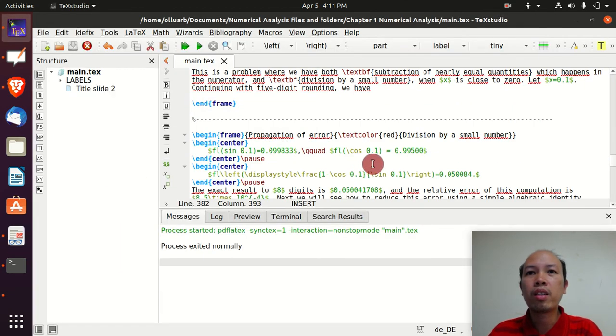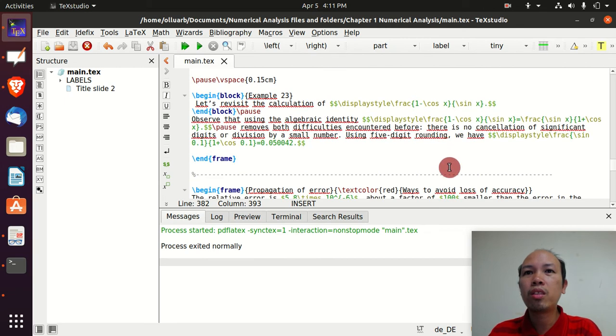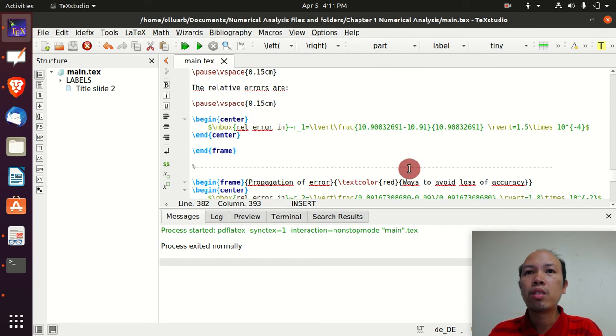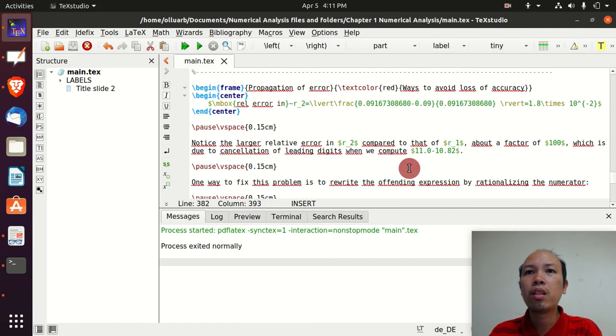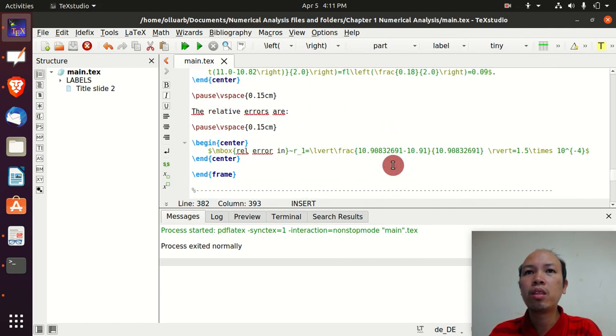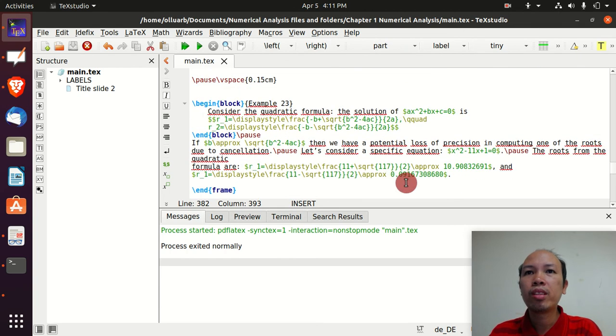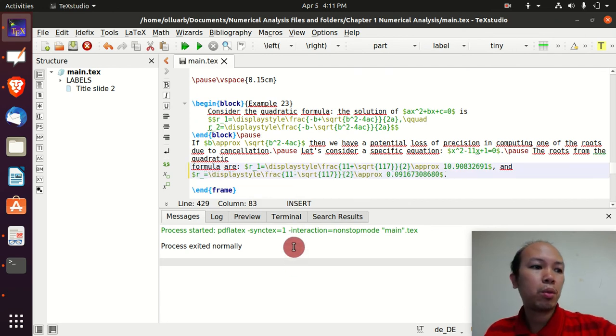Let's go back again. Example 23. Where's that example? R sub 2. I think this one.